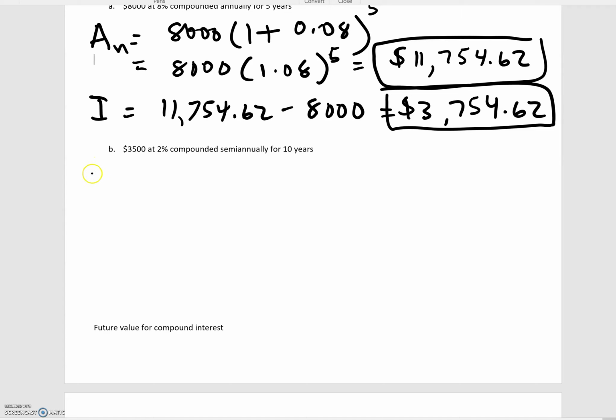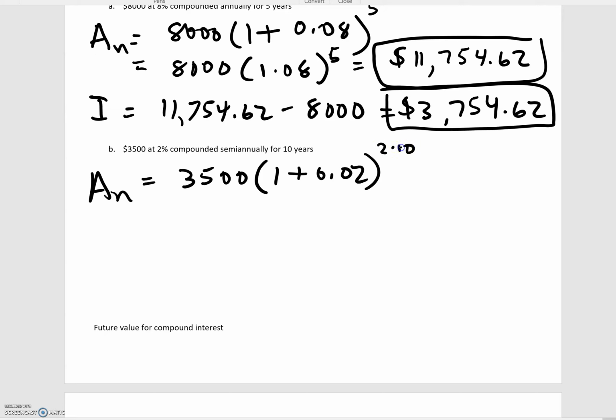So when we do our equation for the total amount, it's going to be principal converted to a decimal, and instead of being brought to the 10th power, we have compounding happening twice a year for 10 years. So that's going to be 20 as our exponent. So let's simplify this.